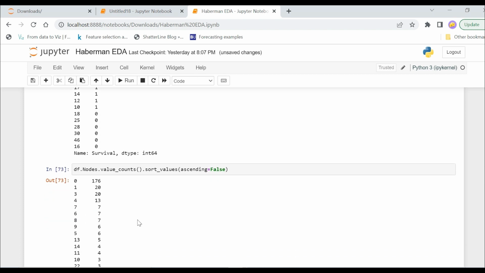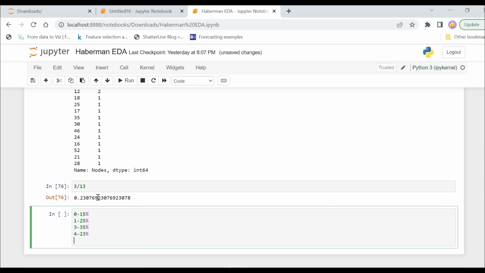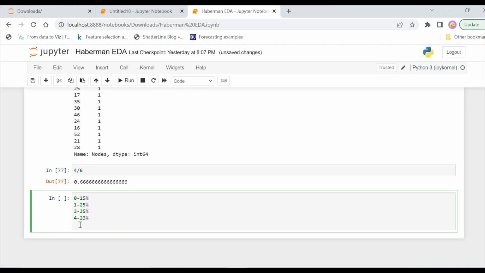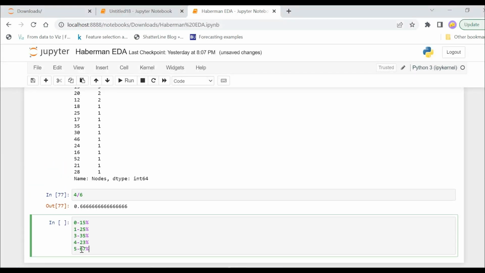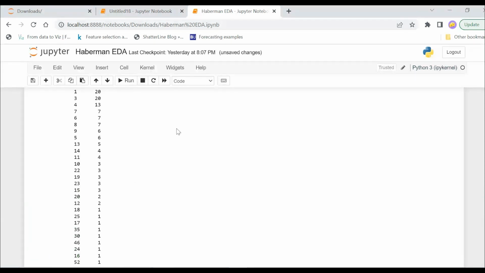So 5, how many of them are there? 5 is 6. So 4 out of 6, I guess it will be much more. Around 67% of people with 5 nodes will have a 67% chance that they will die before 5 years.